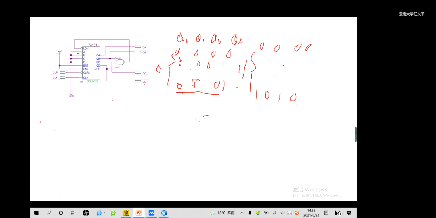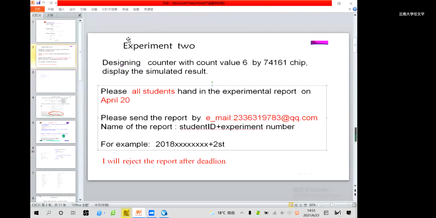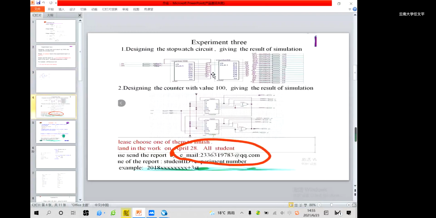If the circuit is like this, the counter is an 11 counter.